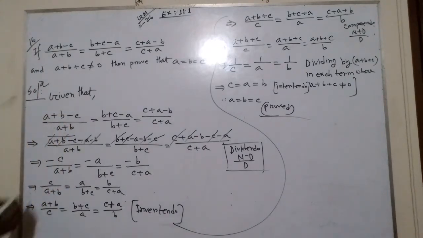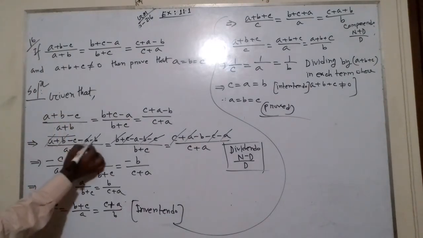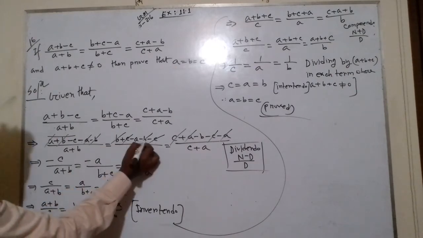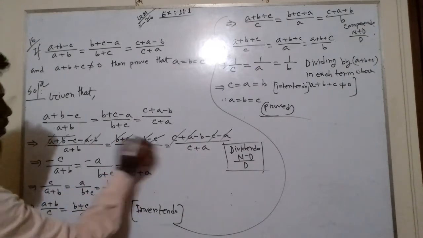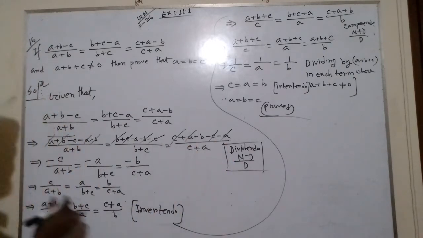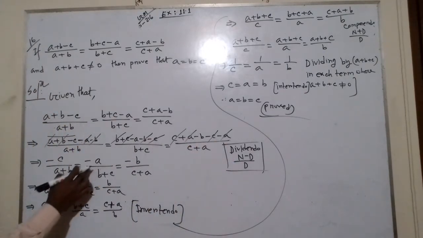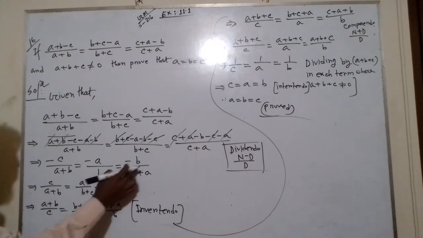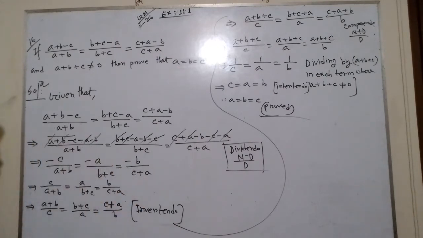Now we cancel a minus a, b minus b, b minus b, c minus c, c minus c, a minus a. Now we can write minus c by a plus b equal to minus a by b plus c equal to minus b by c plus a.